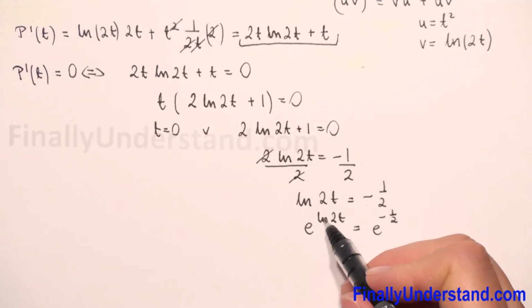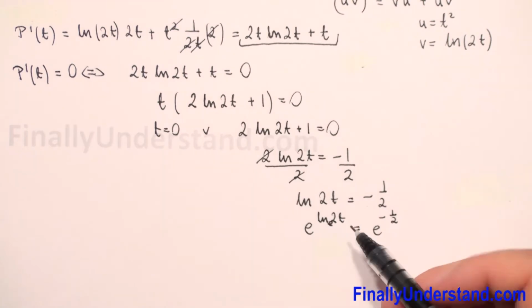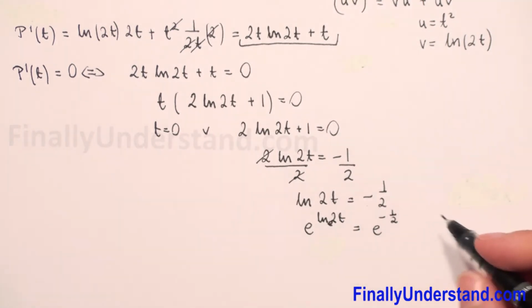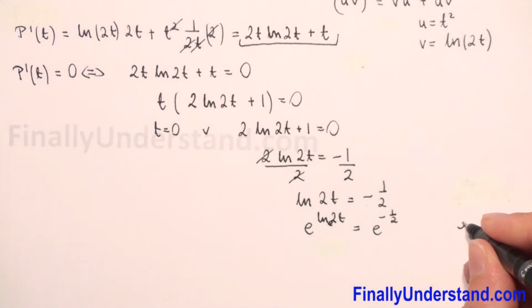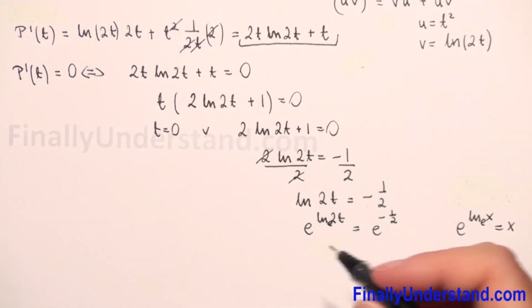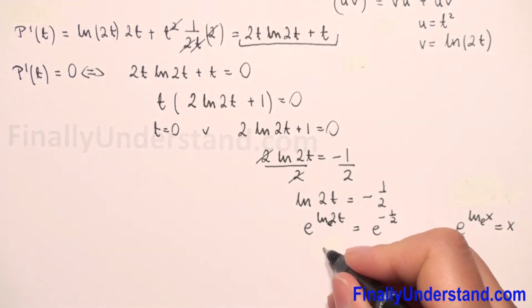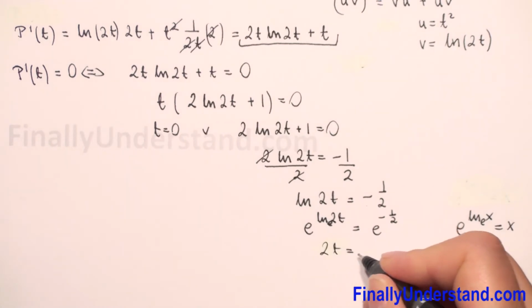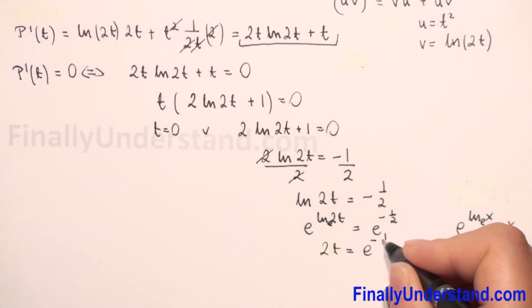We know that natural log has base e. When we have the same base, we use the formula e to the power natural log of x is equal to x. So in our case, we have 2t is equal to e to the power negative 1/2.